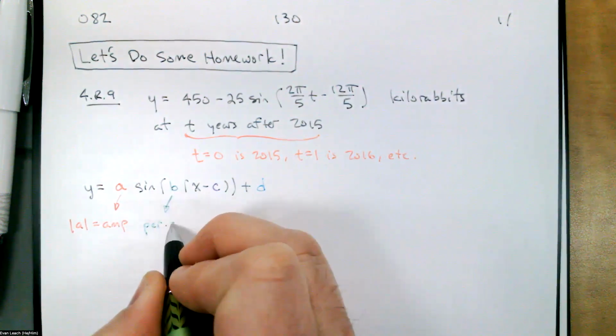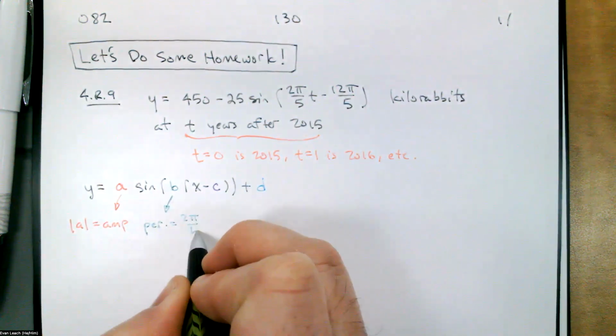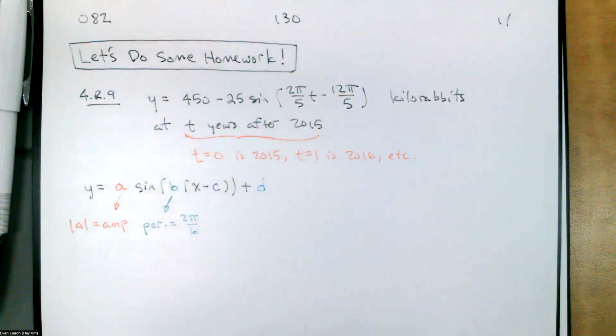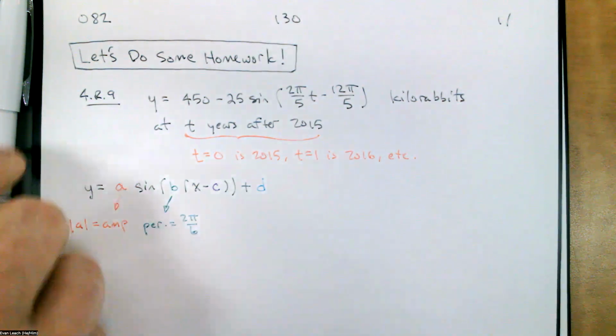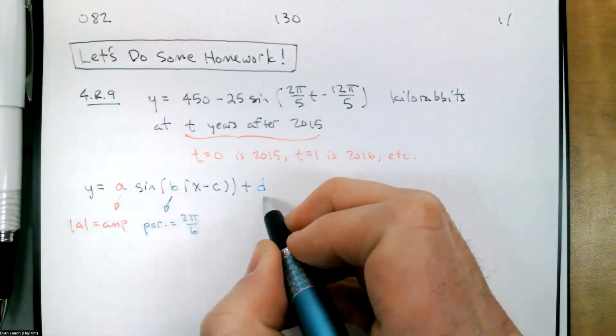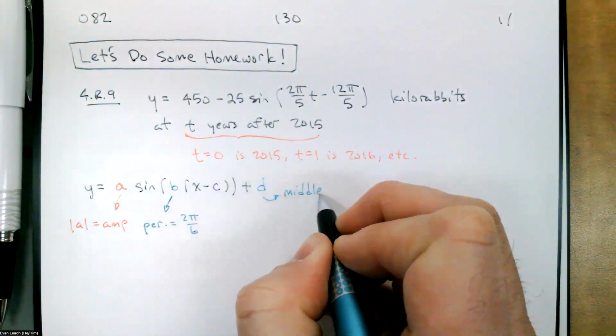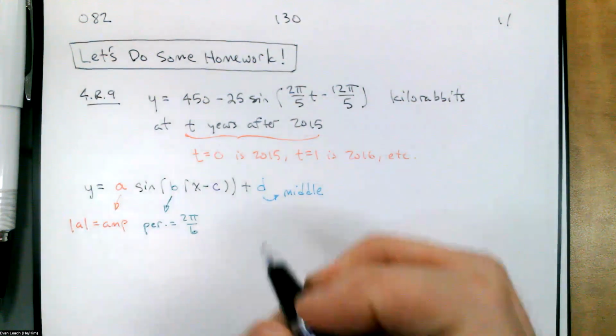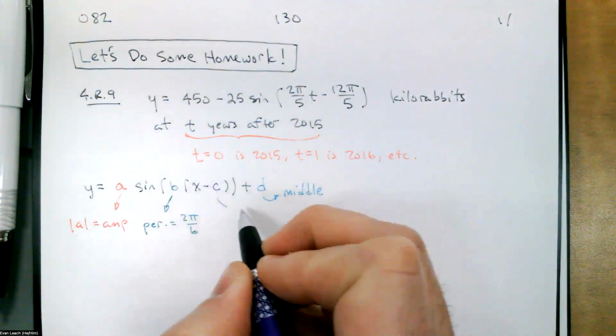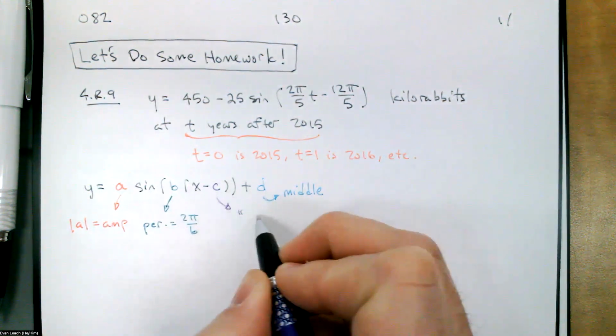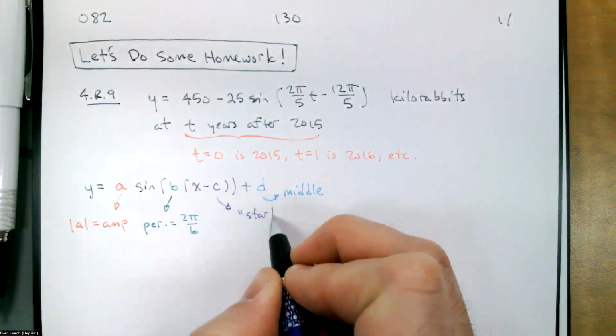The period is 2 pi divided by B. D is where the middle is. And C is our horizontal shift, which is where we can think of the start.